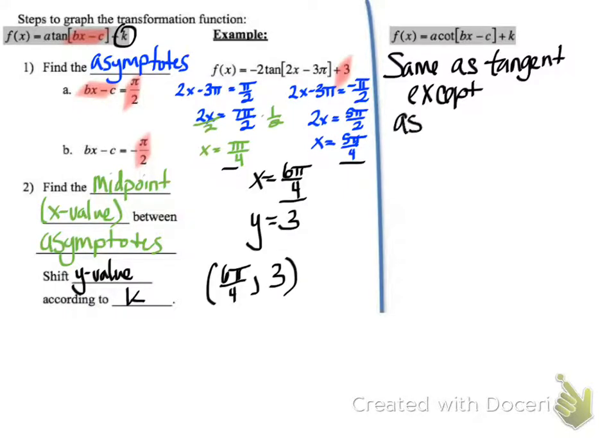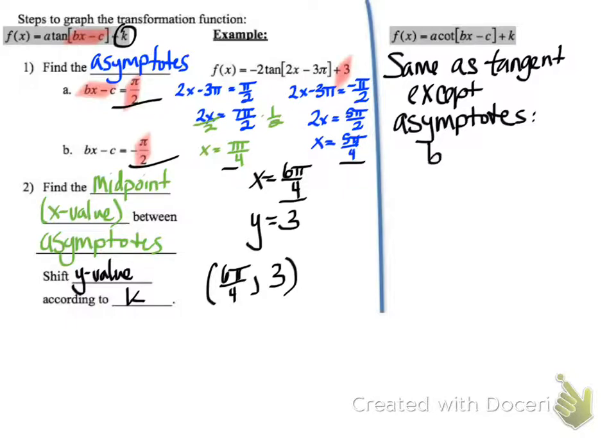The asymptotes will occur when cotangent causes an undefined error. And that's not when cotangent is the value of pi over 2 and negative pi over 2 like tangent was. It's actually when the value is pi and 0.